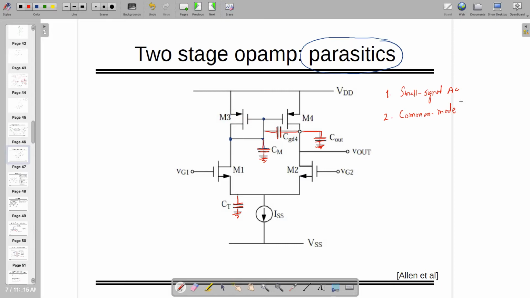Yeah. So in that case, what will be the value of this node? It has to be 0, right? It's a virtual ground.